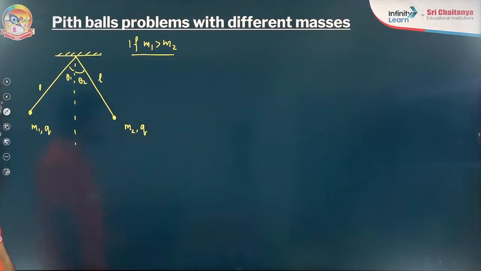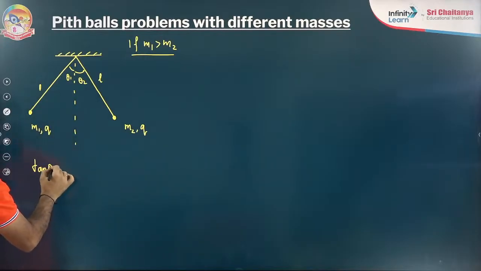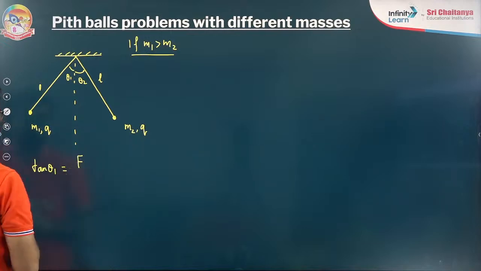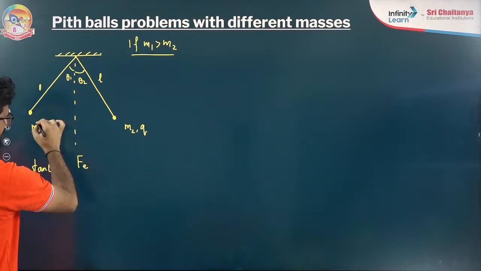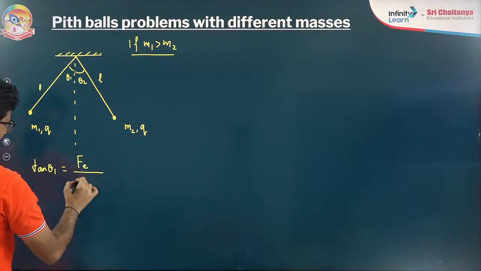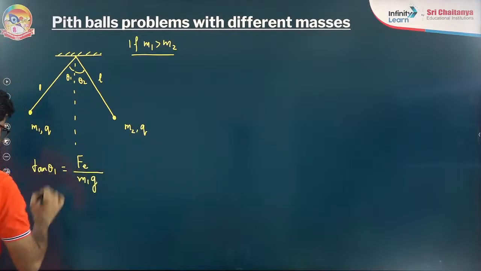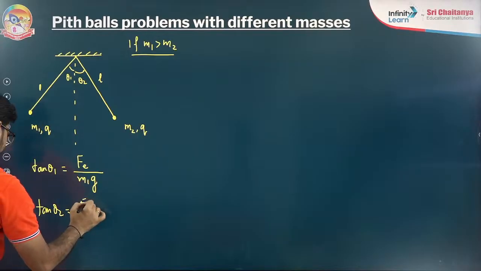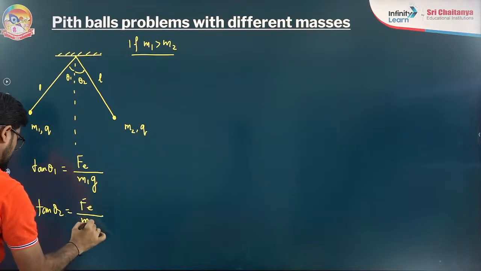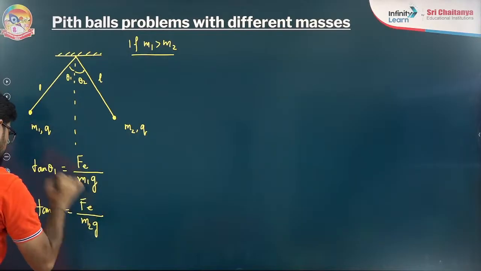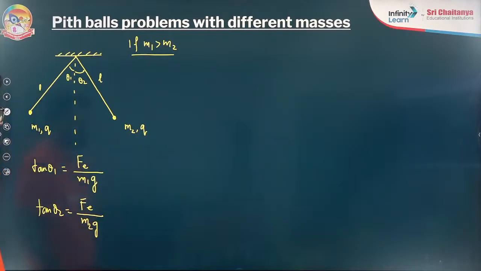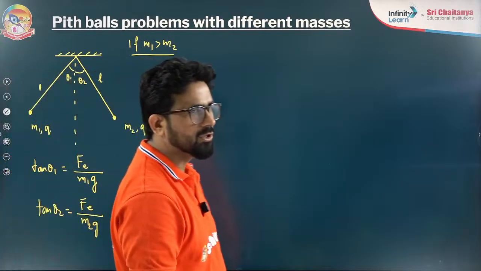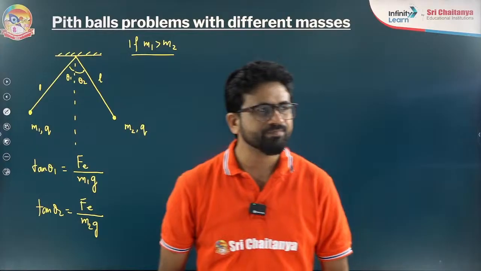Can we solve? I am writing again. tan theta 1 is equal to F_E, because charges I am putting the same, so F_E is the same, divided by M1 g. tan theta 2 is equal to F_E divided by M2 g. Tell me, which is greater, theta 1 or theta 2? Yamini Priya, good. Praveen, good.